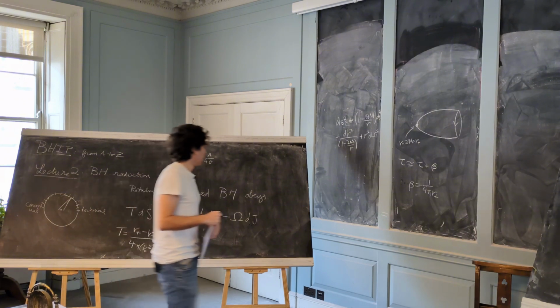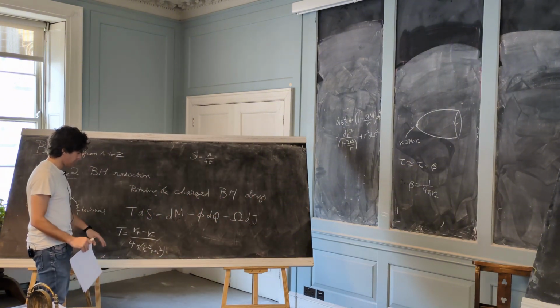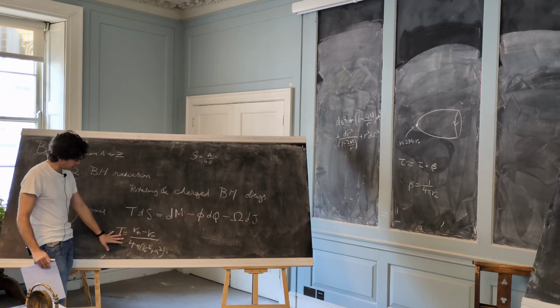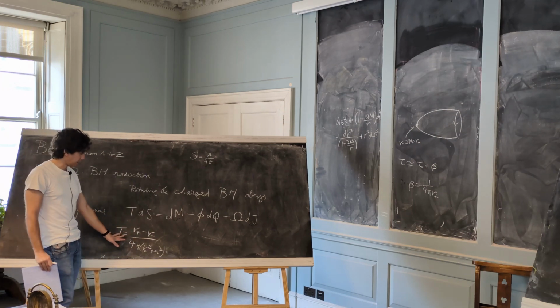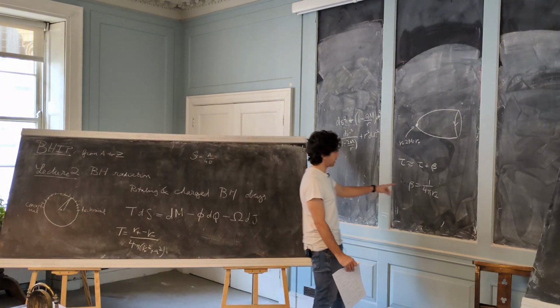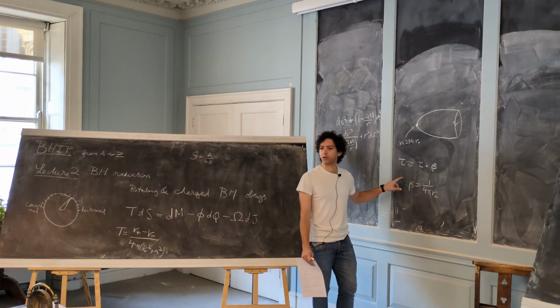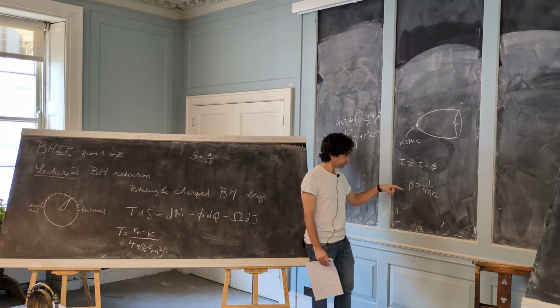So the surprise that you might find is that if I look at the first law, I get this temperature, and it matches this expectation from thermal quantum field theory when I identify the Euclidean time coordinate.